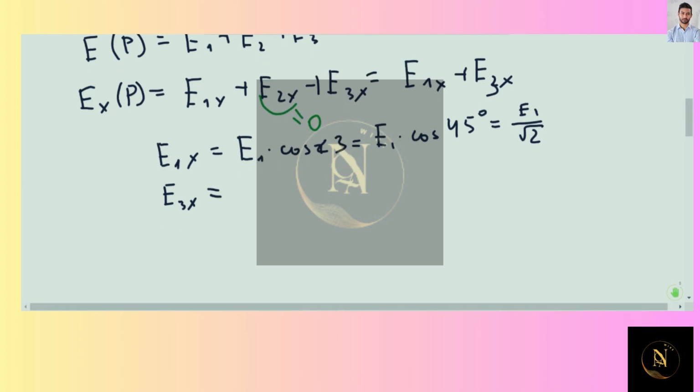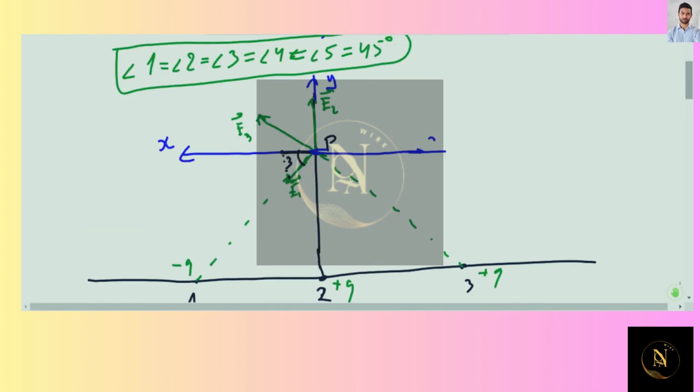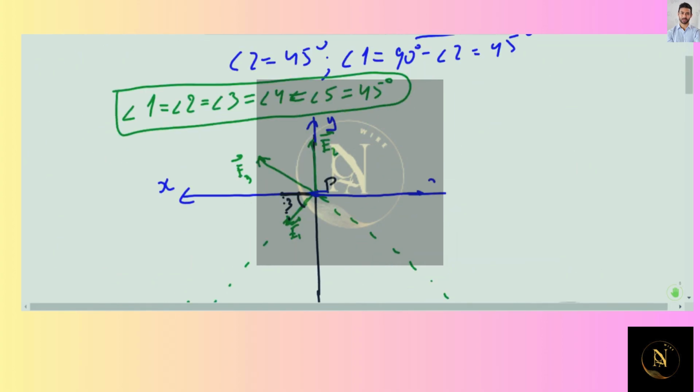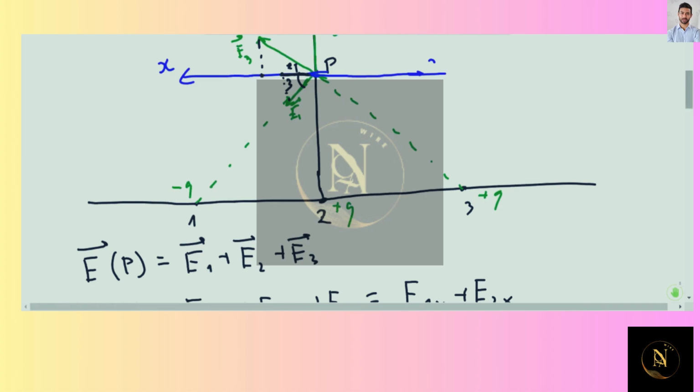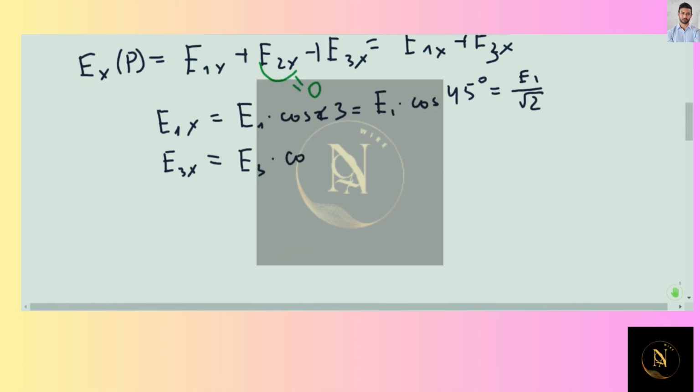Right. E3x equals E3 multiplied by cosine of angle 2, because we need this length. It equals E3 multiplied by cosine of 45 degrees, which is E3 over square root of 2.